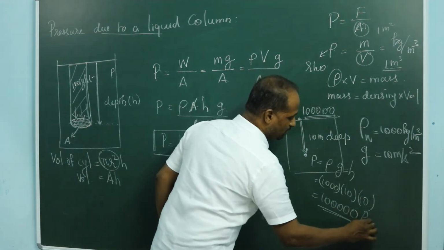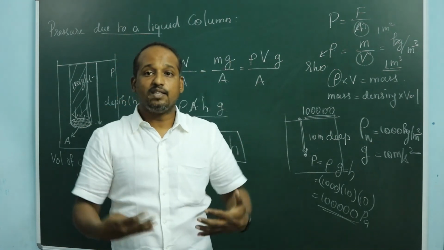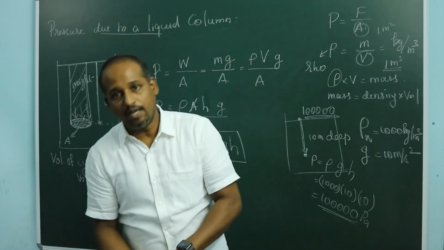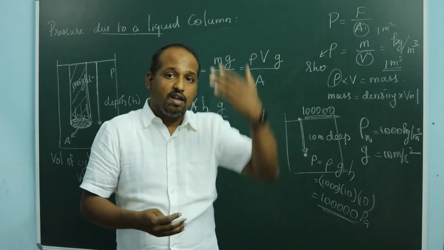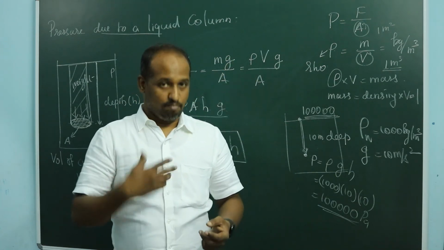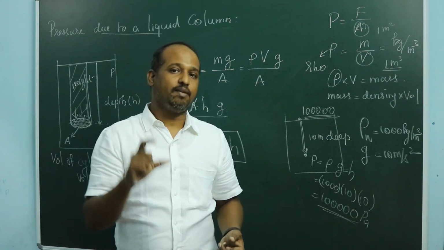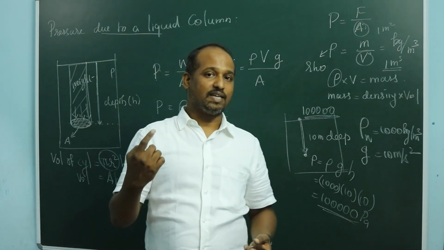If you go just 10 meters into the ocean, you experience double the pressure that you experience at the top. If you go 20 meters, you will experience thrice the pressure. So every 10 meters you go down, you experience double, triple, 4 times the pressure. Every 10 meters, your pressure is increasing by 1 lakh pascals.